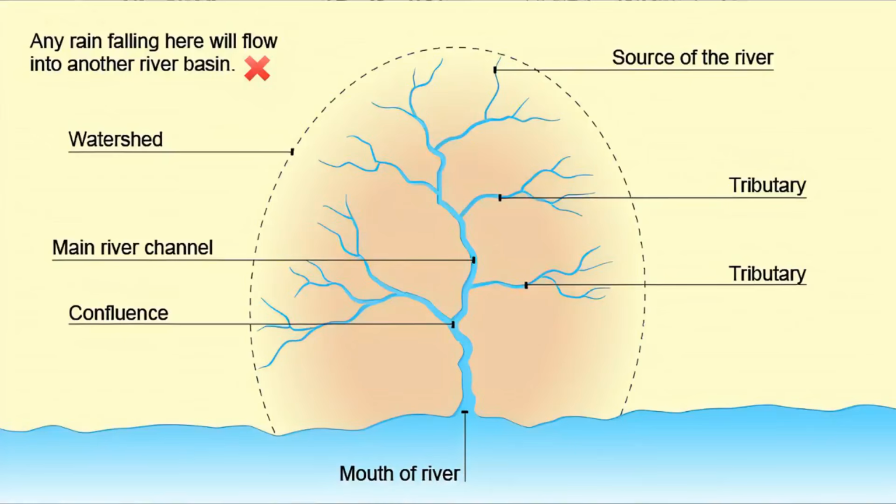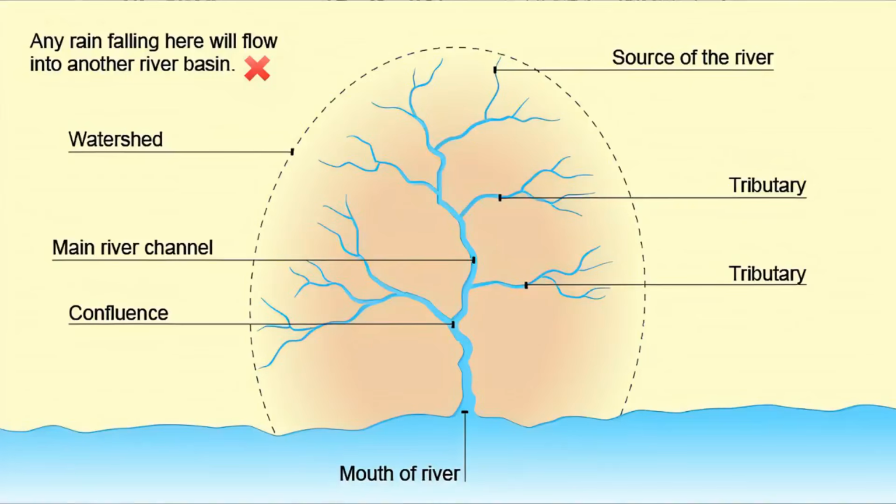You can see the arrows pointing to the tributaries in our diagram. The area between those tributaries is a highland area which is said to be an interfluve.